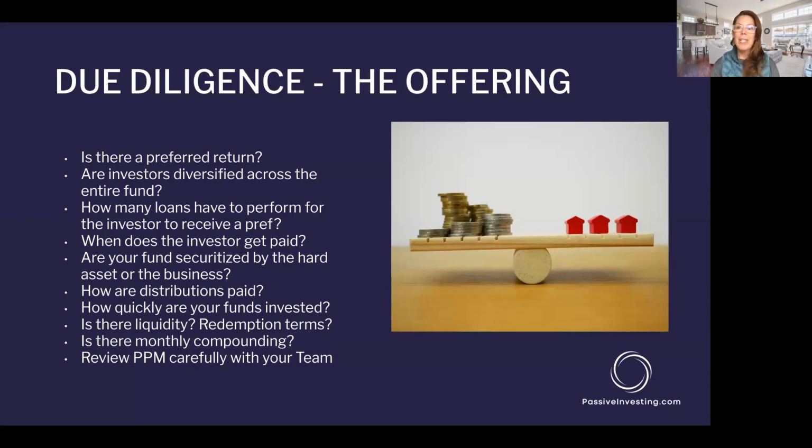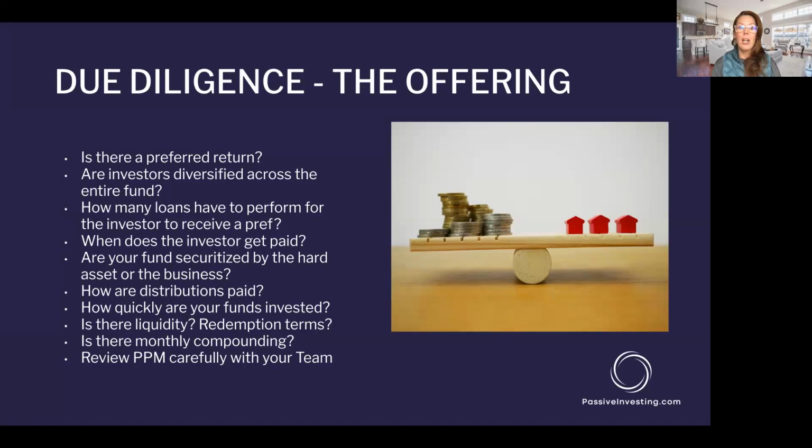How many loans have to perform in order for the investor to get the preferred return? That's like assessing the break-even occupancy on a multifamily or self-storage deal. I like debt fund profiles where only say 55%, maybe even 60% of the loans have to perform for the pref to get paid.